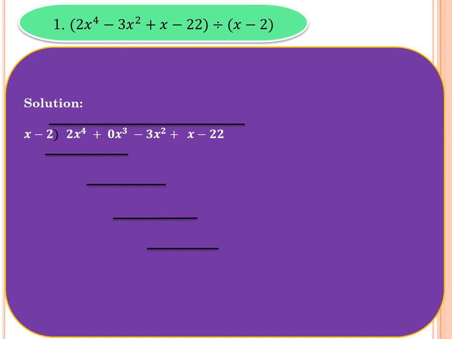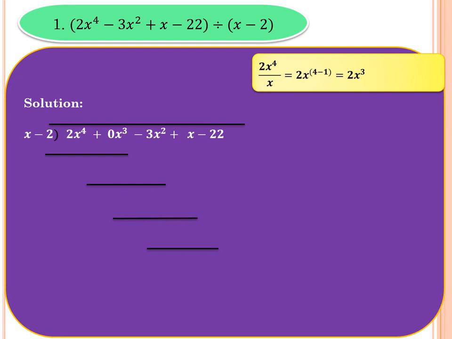Okay? Next step is yung first term ng dividend natin, which is 2x to the power of 4, mag-divide tayo sa kanya ng first term naman ng divisor natin, which is x. And in this part, we can get our first term of quotient. Yung first term ng quotient natin, makukuha natin.